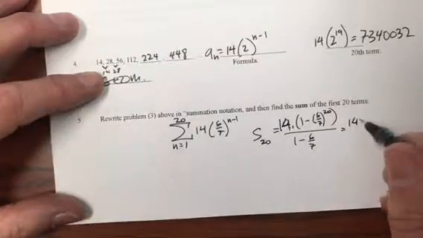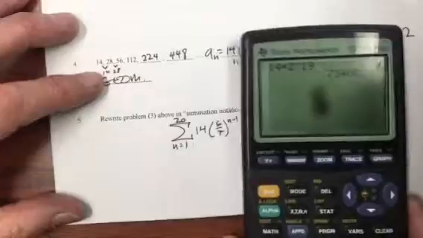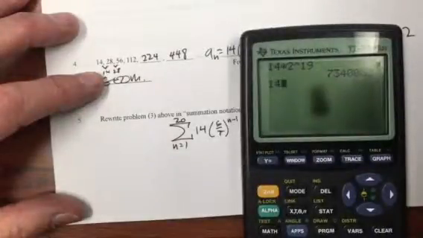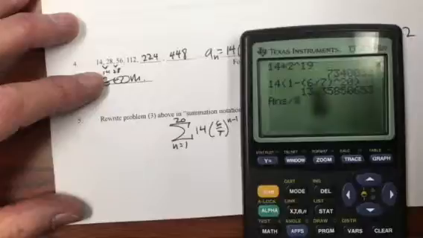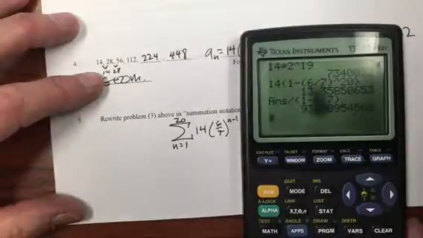So 14 times, and then I'm just going to put it on my calculator: 14, then parentheses, 1 minus parentheses 6 divided by 7, close parentheses, caret to the 20, close parentheses. I hit enter, this is the numerator, then I divide it by, in parentheses, 1 minus 6 divided by 7, close parentheses, and I hit enter, and there it is.